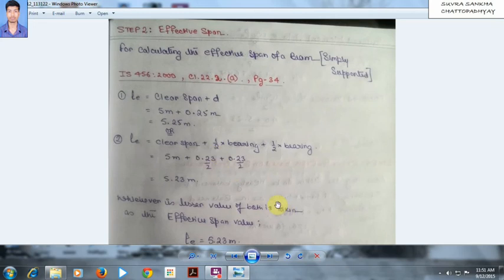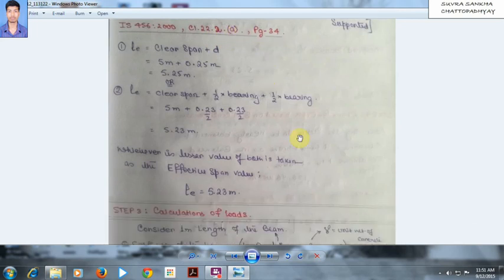The next step is to calculate the effective span of the beam. For a simply supported beam, we refer to IS 456:2000 clause number 22.2 part A, page number 34. There are two values for the effective length, and whichever is less we take as the effective length.